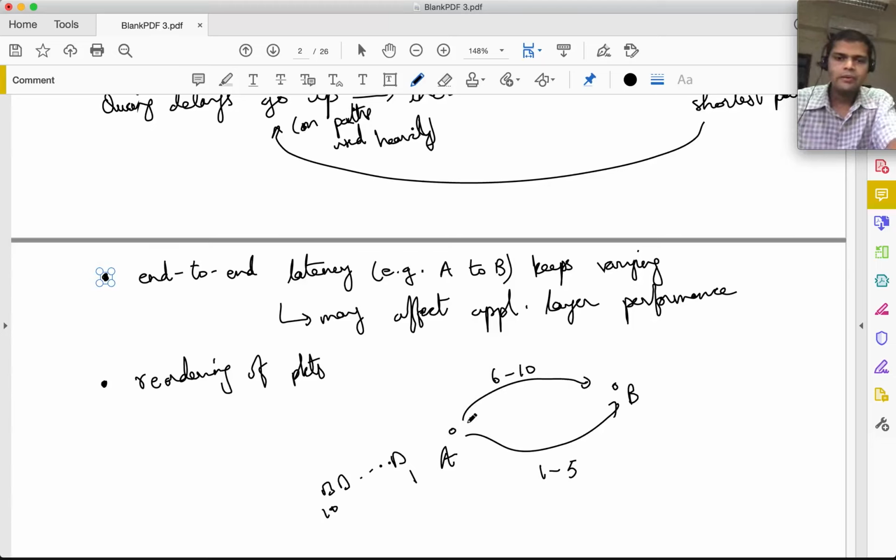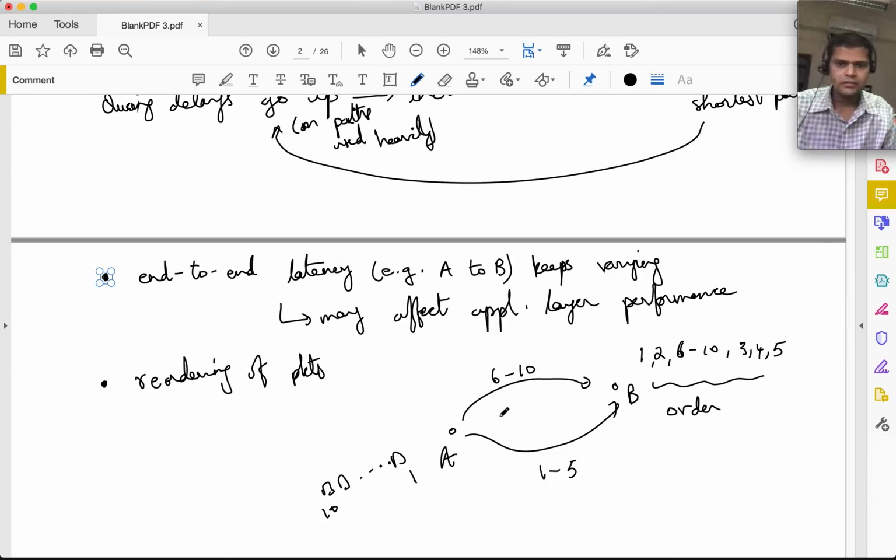And it may happen that this path actually has lower latency than this one. Okay, maybe the queues were filled up here. So the packets, when they arrive here, it may be 1, 2, 6 all the way to 10, and then 3, 4, 5. Okay. So this is what I mean by packet reordering.